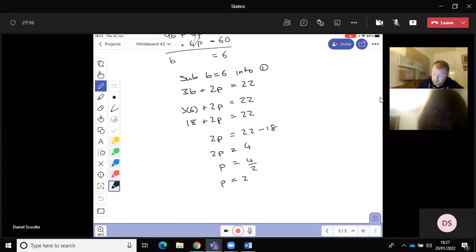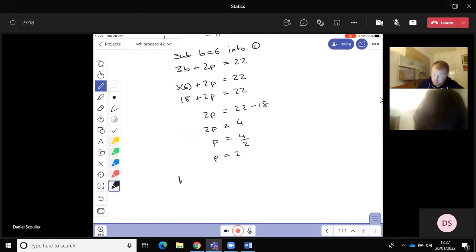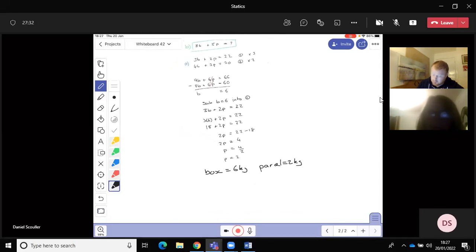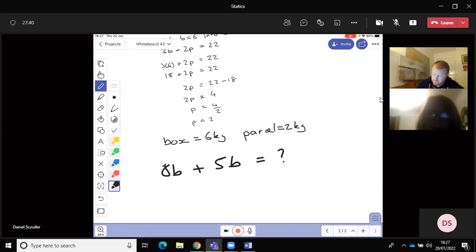Okay, so I've got a box at 6 kilograms, a parcel at 2 kilograms. So far. So in the van total, there's 8 boxes plus 5 parcels, and that equals an unknown.